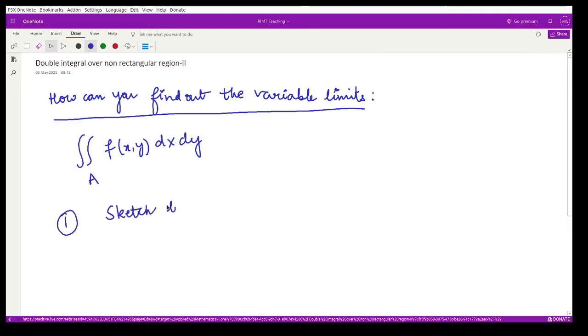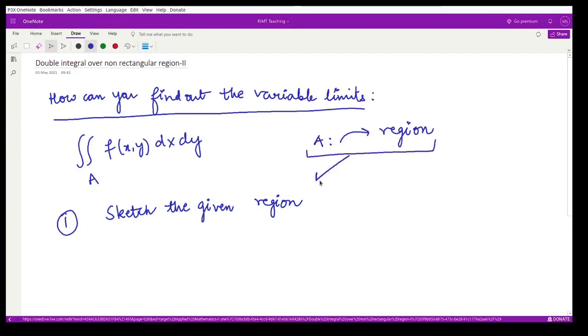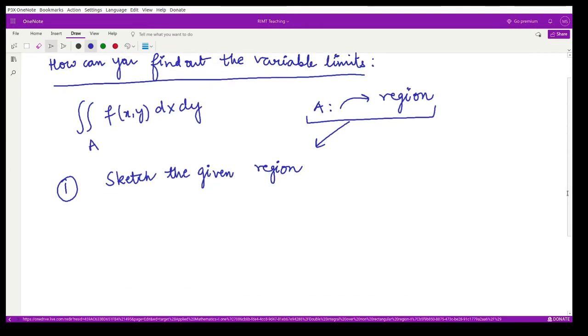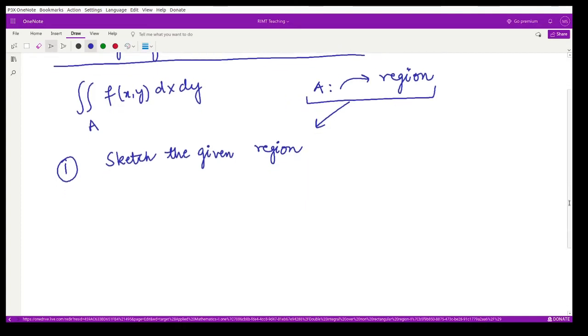In the question, they would give you some region with respect to which you have to calculate the double integration. So you will sketch this region in the two-dimensional plane, and then if you are to integrate firstly with respect to x and then with respect to y.